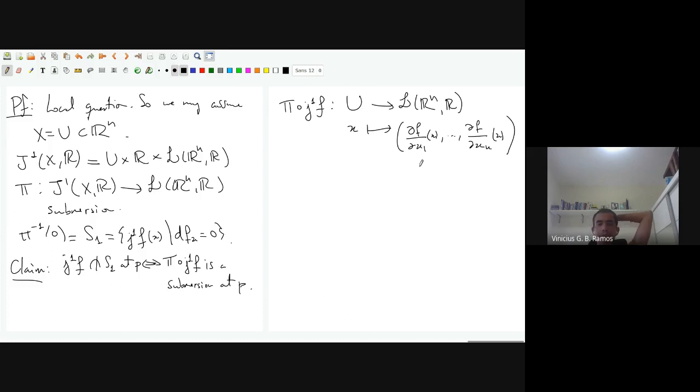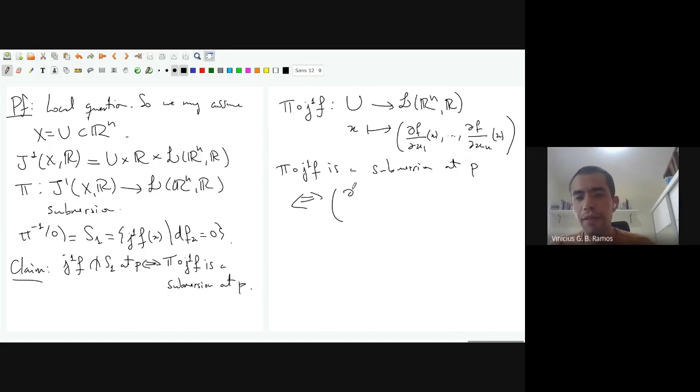And now what does it mean to be a submersion? It means that when you take the derivative of this map, you get an invertible function, because this is an n-dimensional space, and this is an n-dimensional space. So this map is a submersion at P if and only if the Hessian matrix at P is invertible.